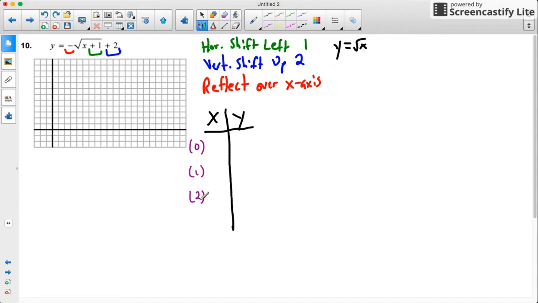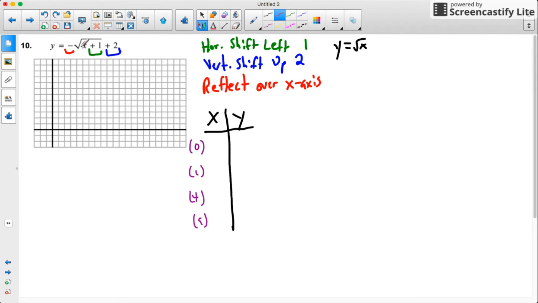So, oops, 2 is not a perfect square. So I'm thinking, what values of x can I plug in here that would get this whole radical a perfect square? So I want this whole radical to equal 0. I want the whole inside this radical to equal 1. I want it to equal 4 and 9. That's kind of what we're after here.